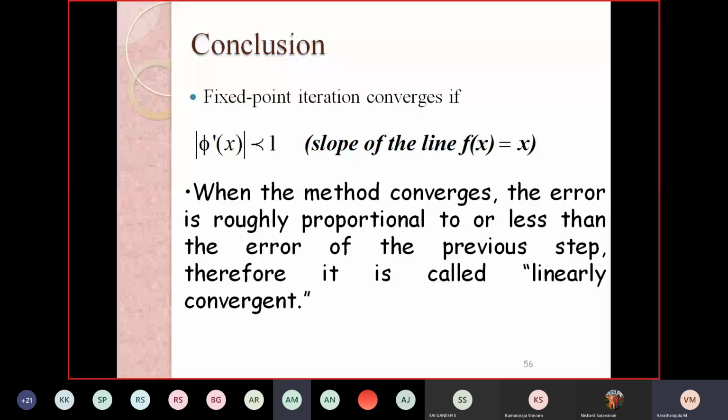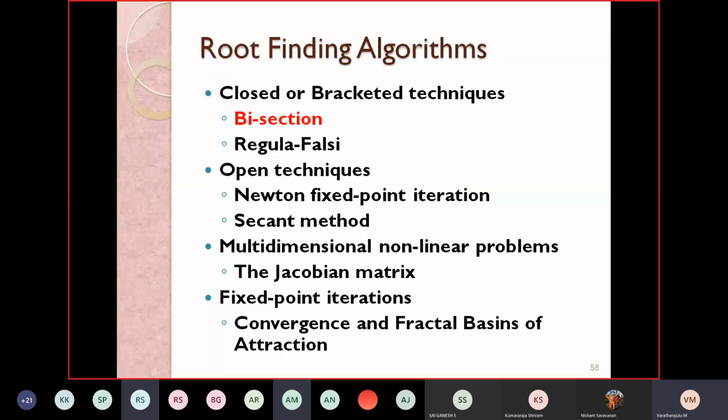Concerning the bisection method, in closed or bracketed techniques, we have two different techniques for getting the results. One is bisection, and the second one is regula falsi. First, we will solve the problem with the aid of the bisection method. Once the bisection method is over, we will visit regula falsi.